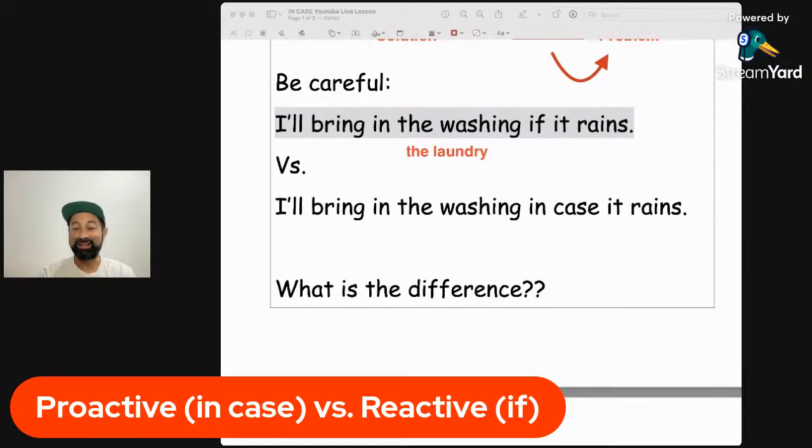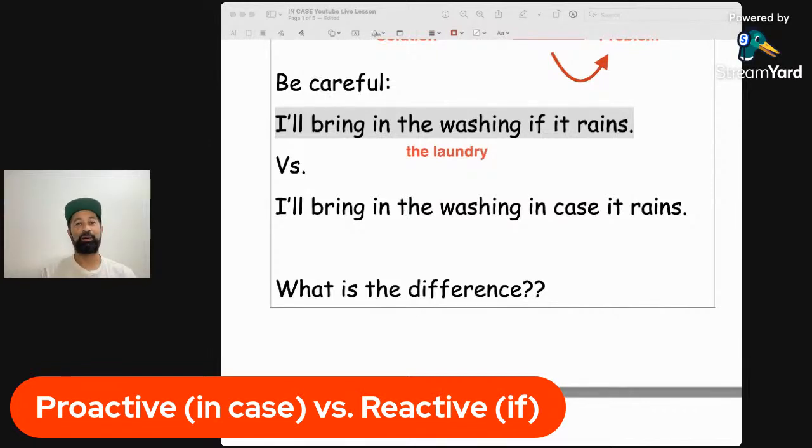So does that make sense? Proactive versus reactive. It is a little bit difficult. So just remember, if is you're doing something after the problem has come. And with in case, you don't want the problem to come.